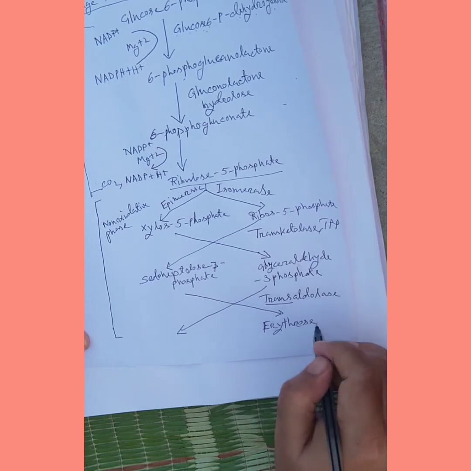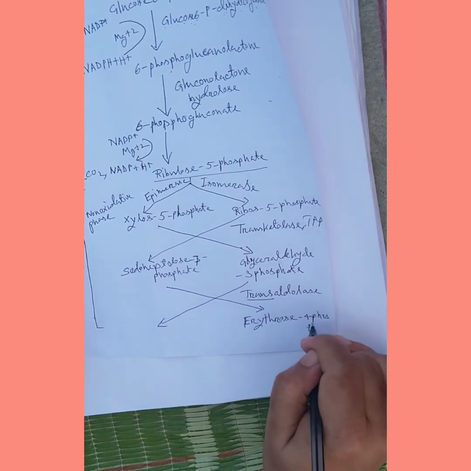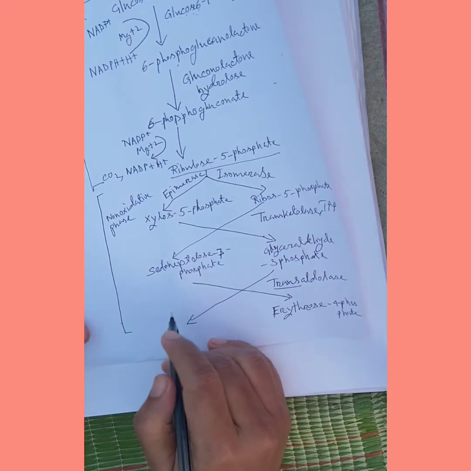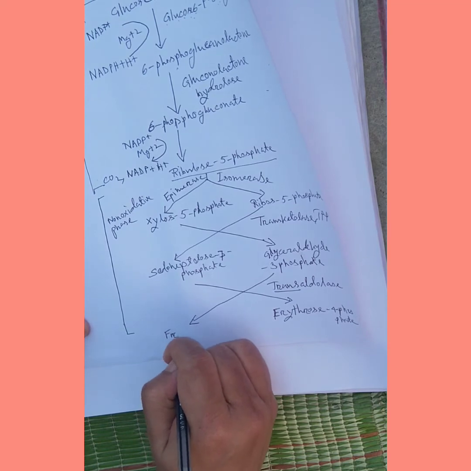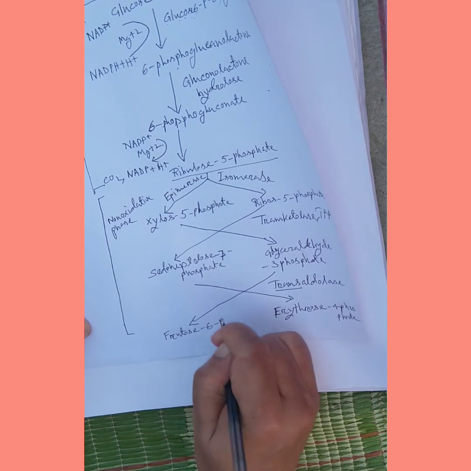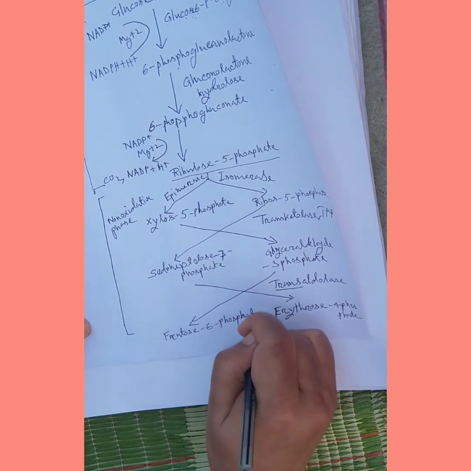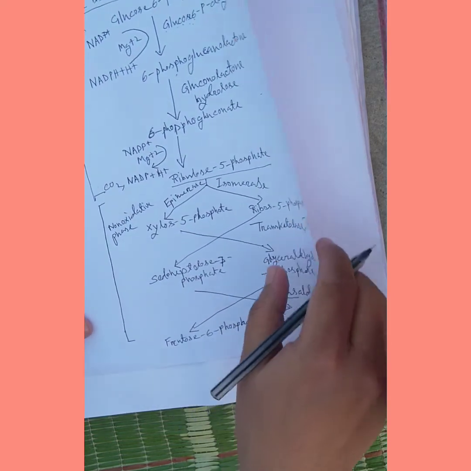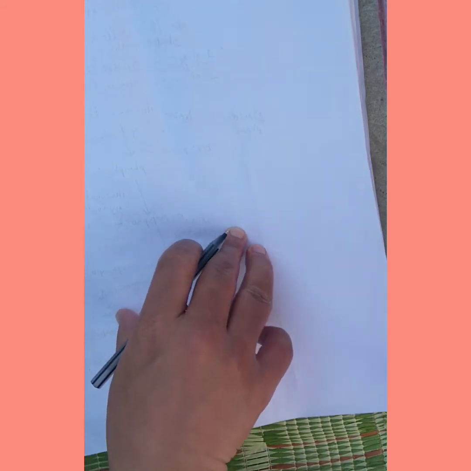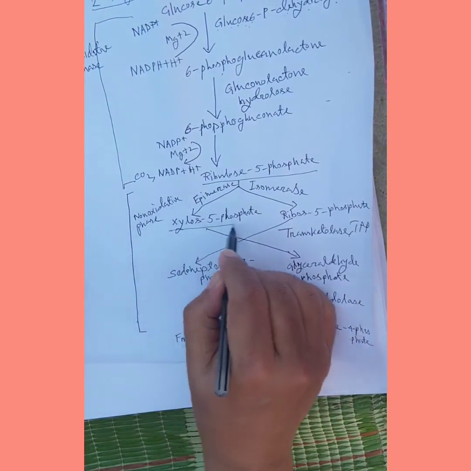Erythrose 4-phosphate, and we get fructose 6-phosphate. After that, xylulose 5-phosphate.